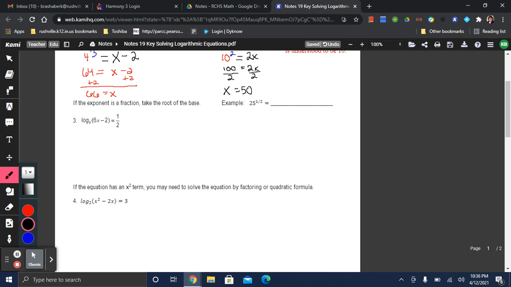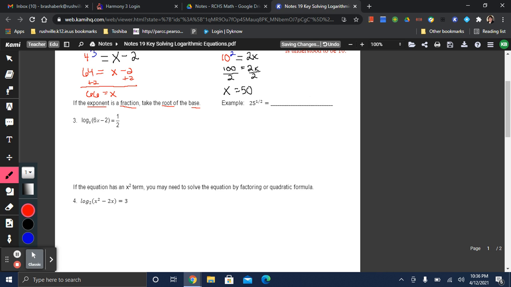All right, now, sometimes in doing this process, your exponent is going to turn out to be a fraction. And we've not worked very much with this. So if the exponent is a fraction, then you take the root of the base.